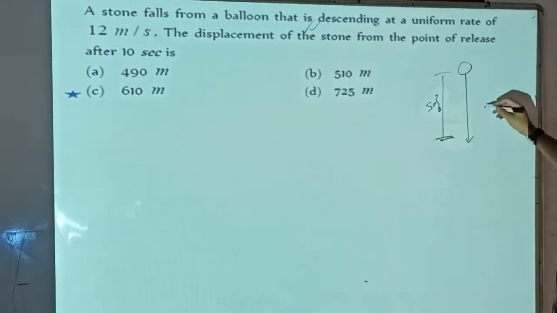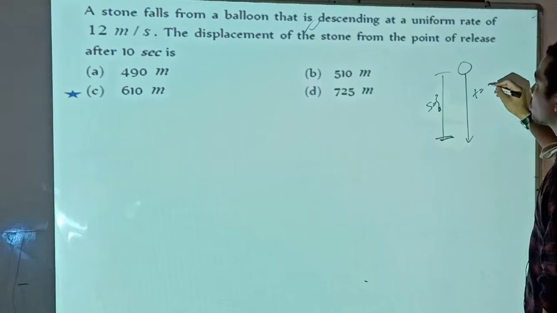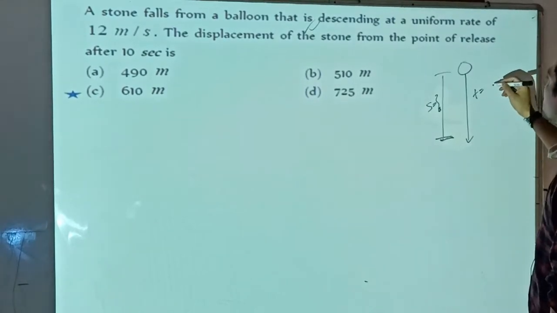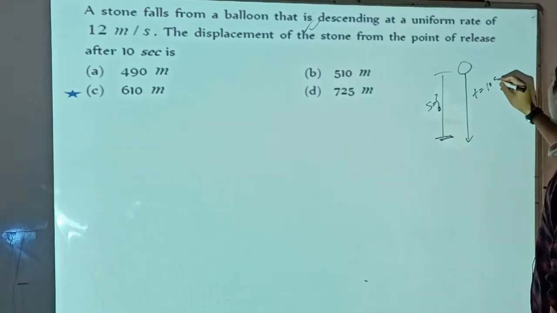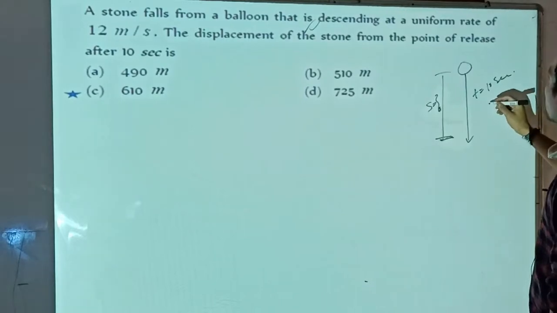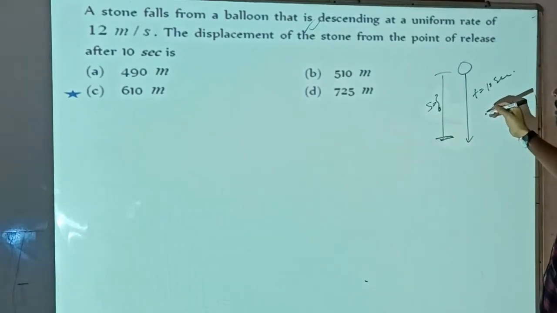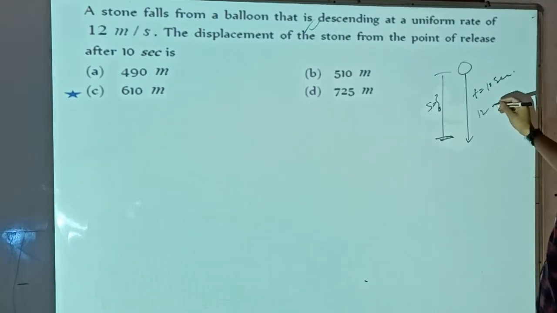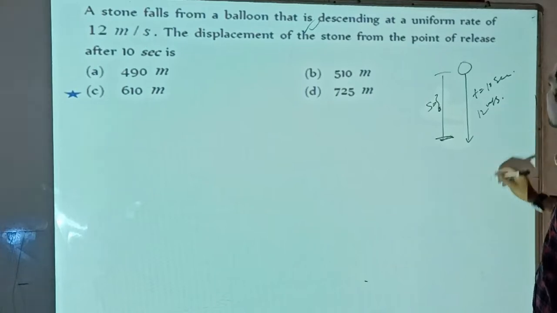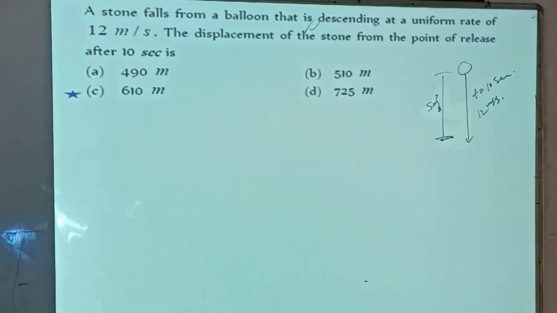Time has been given, t is 10 second. Another parameter has been given, the descending uniform rate: your velocity is 12 meter per second. You are asked to find the displacement.